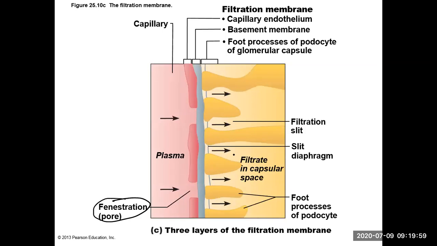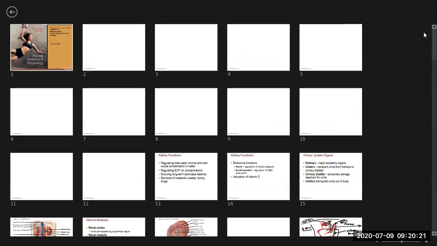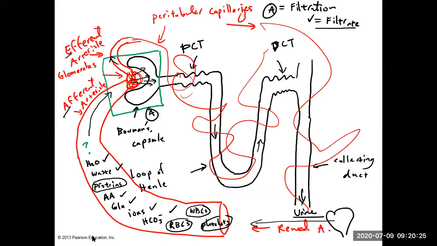You can see the basement membrane in between, and the podocytes and the filtration slit. Substances only go in if they are permeable and small enough. That's what happens early on, and we are done with the first process, filtration.